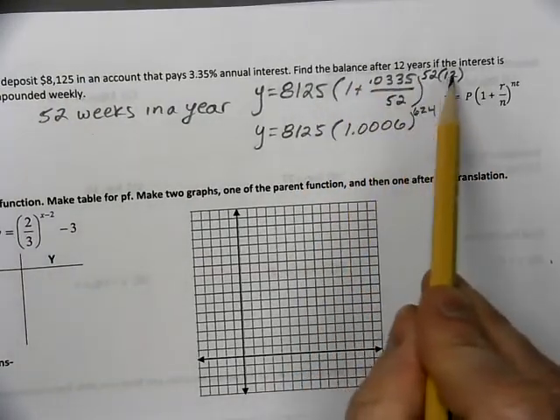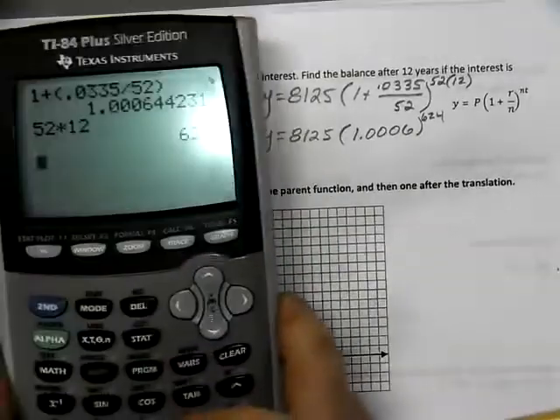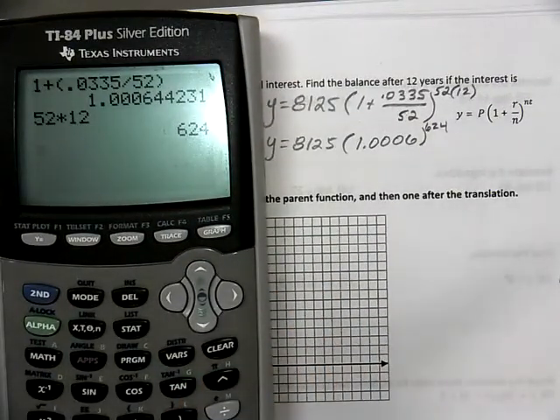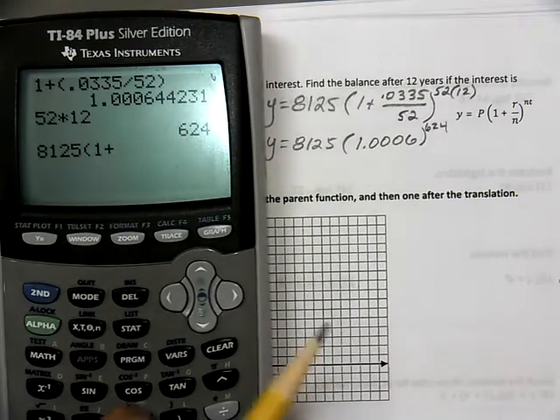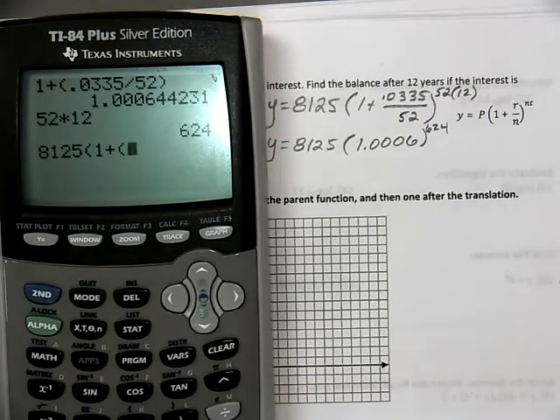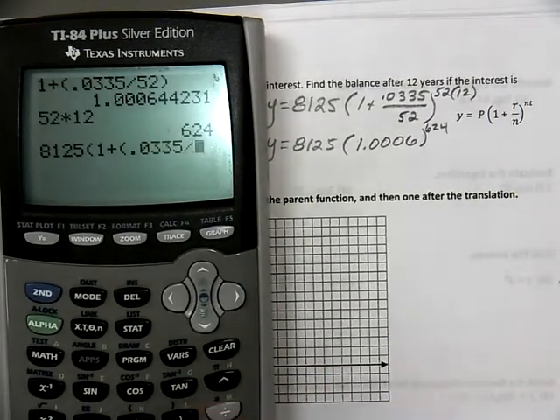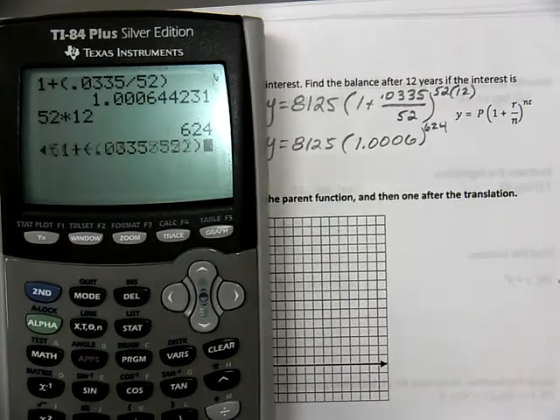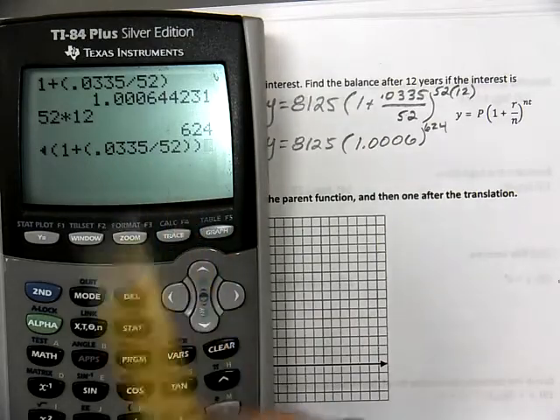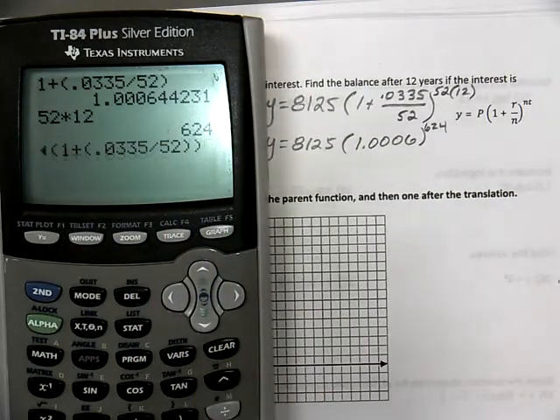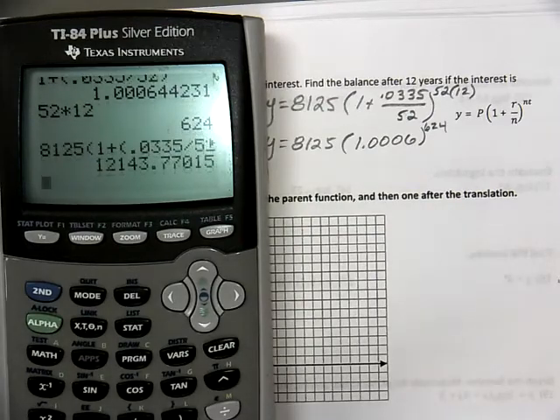Now, if we want to find the balance, then we would take the 8,125. I still think that you should do that calculation, 0.0335 divided by 52, just so we're doing the calculation of the real number, raised to 624.